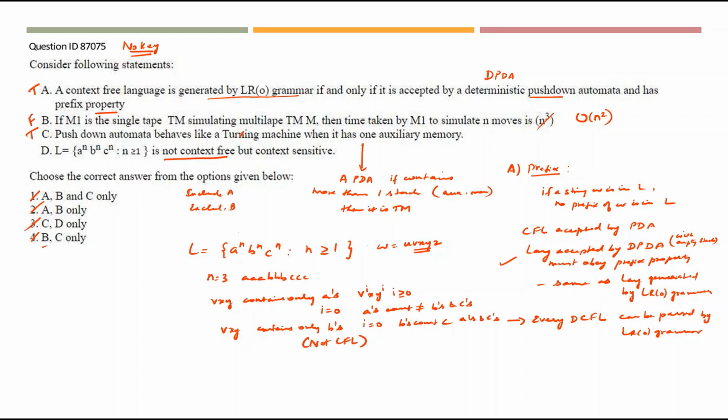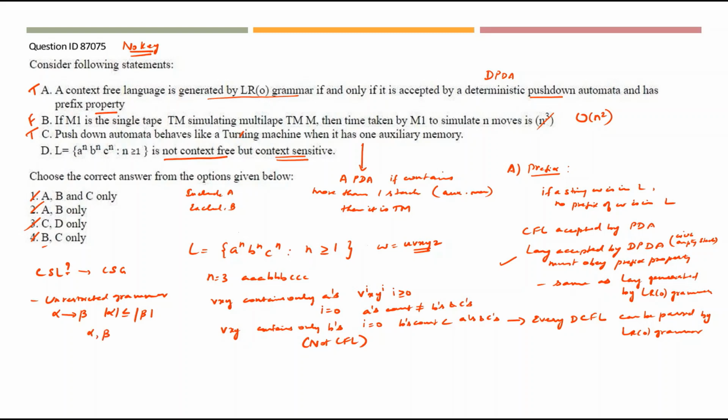But we have to check whether it is context sensitive. A context sensitive language is generated by a context sensitive grammar. So what is a context sensitive grammar? It's an unrestricted grammar in which productions are of the form alpha derives beta, where the length of alpha is less than or equal to the length of beta. And what are alpha and beta?